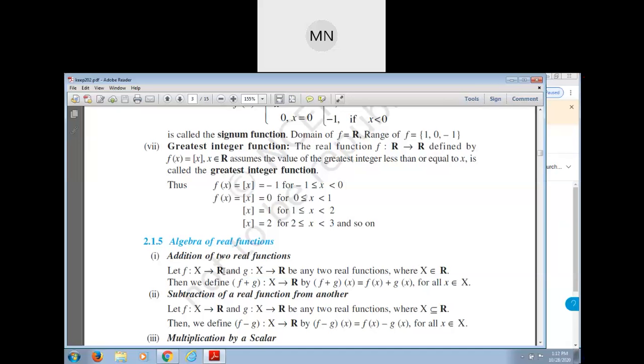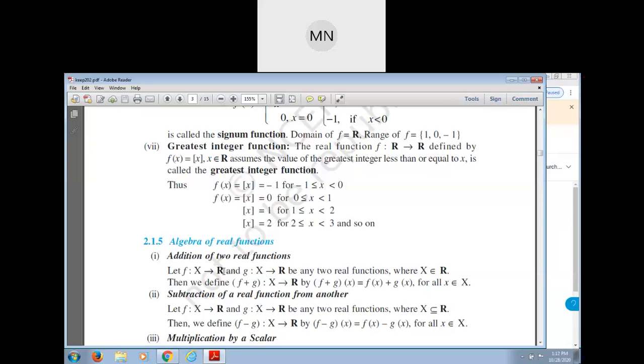Similarly, we can define subtraction of two real valued functions. Okay, suppose we are given f and g, two functions. From these two functions, we can define another function f minus g from X to R. This is defined as f minus g of x equals f of x minus g of x.